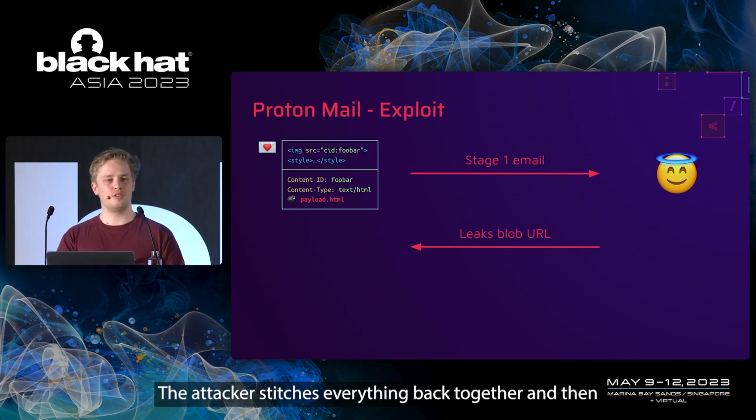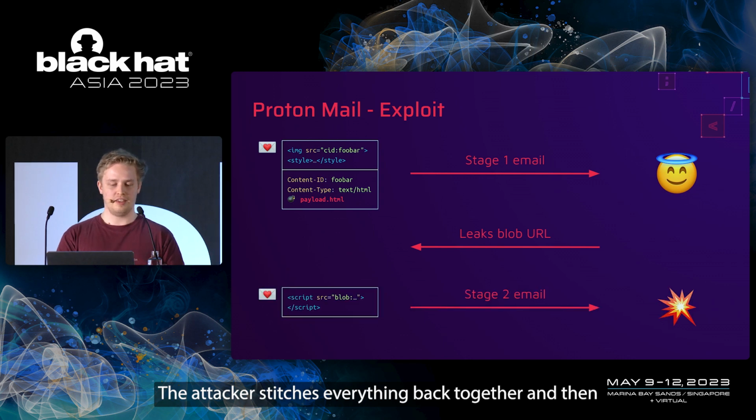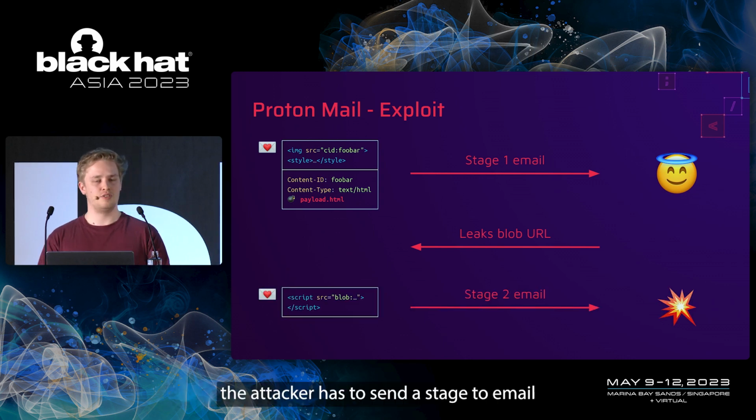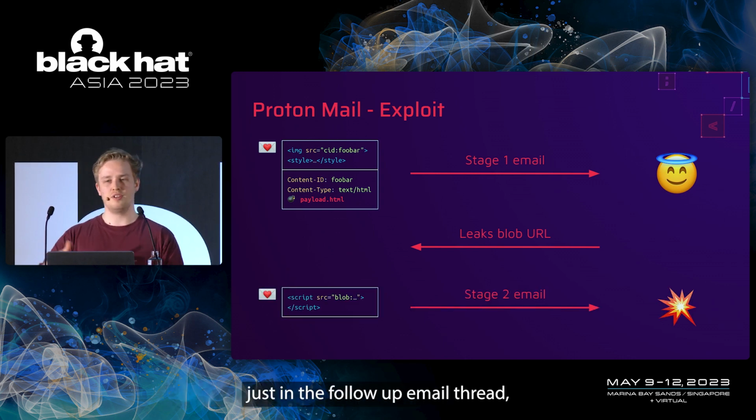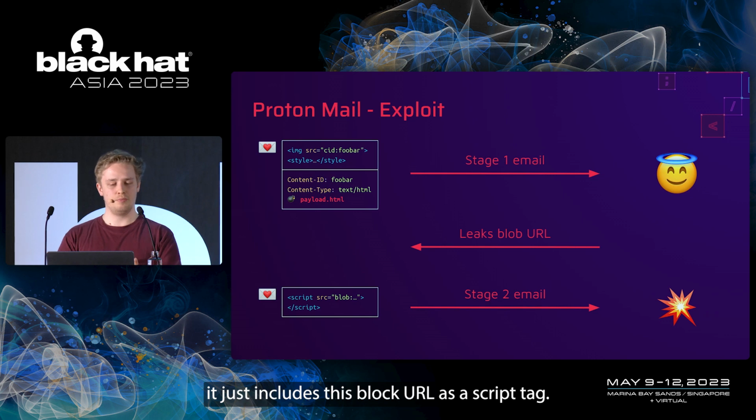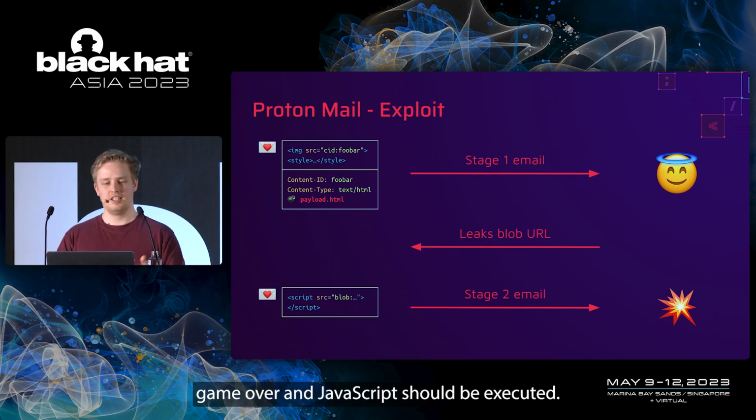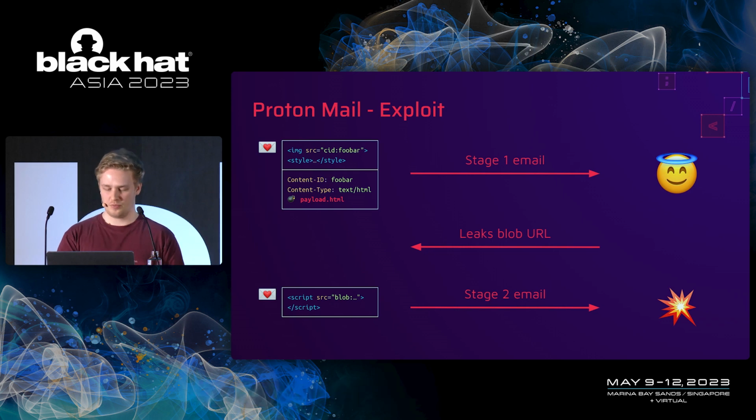The attacker stitches everything back together, and then the attacker has to send a stage 2 email, just in the follow-up email thread, which then, for Safari, for example, just includes this blob URL as a script tag. And once the victim views this, it's game over, and JavaScript should be executed.